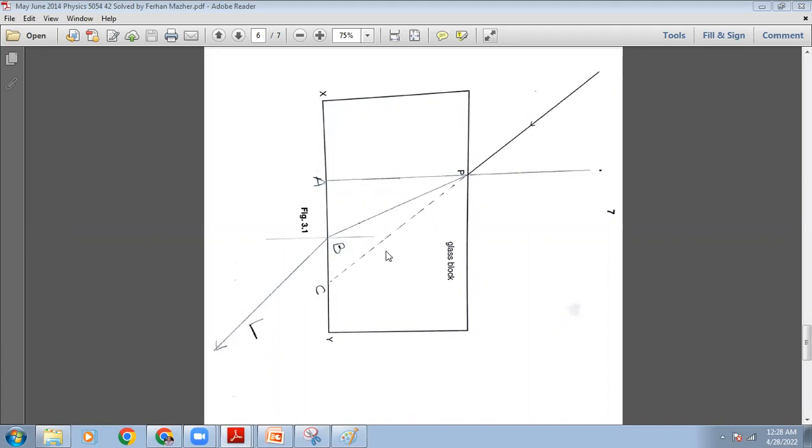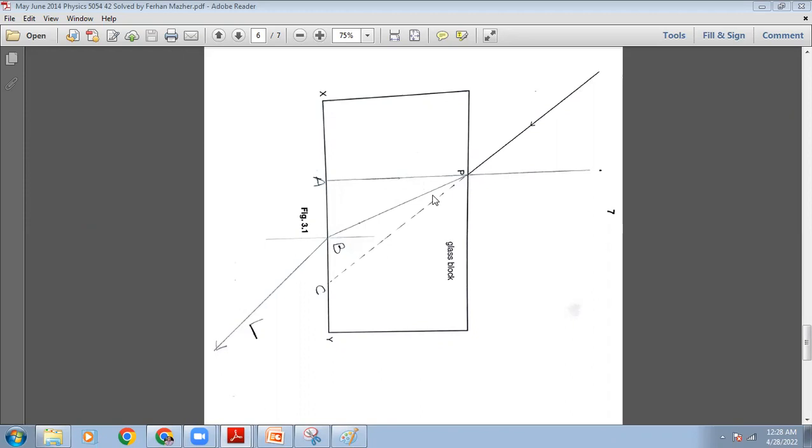The first thing they ask us to do is to draw a normal at P. So put a protractor at this point P, and with the help of the protractor mark 90 degrees. I put this dot and join this. This will be normal to this surface. Normal means a line which makes a 90-degree angle with that face. So this gray line is making a 90-degree angle with this face, so it is normal at this point.